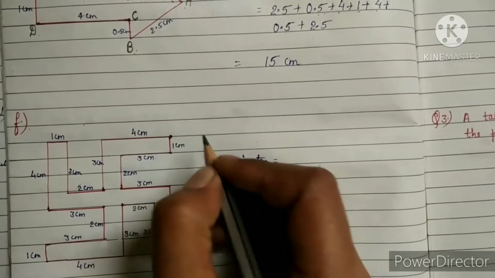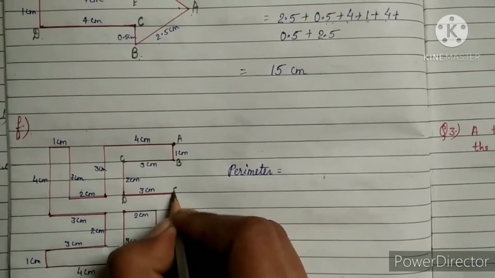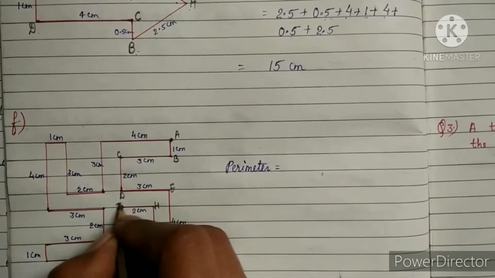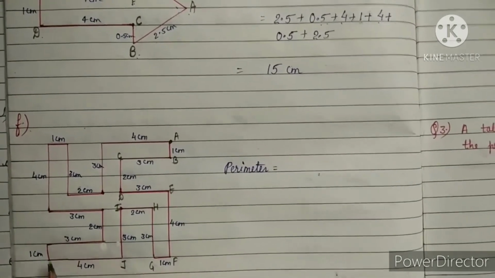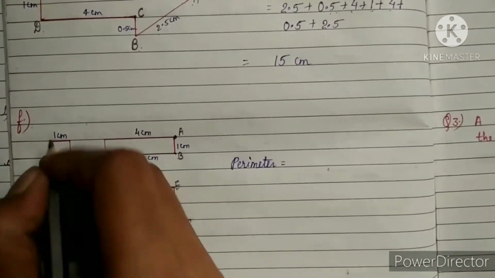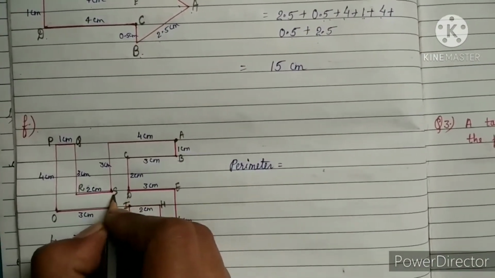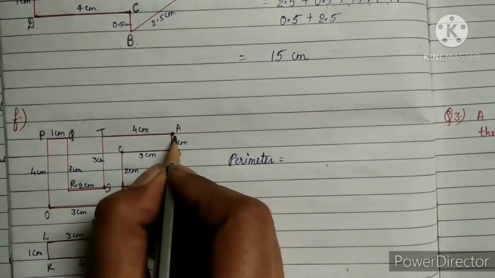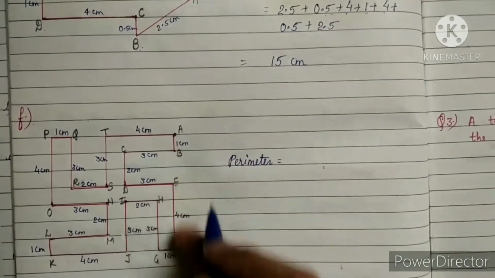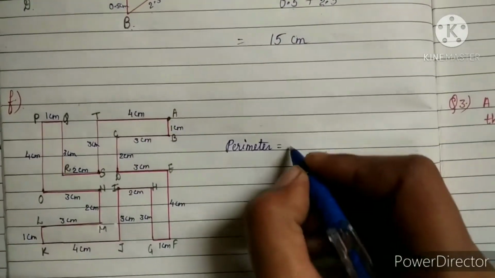So I am starting with this point, A, B, C, D, E, F, G, H, I, J, K, L, M, N, O, P, Q, R, S, T. Again we got A. So simply we will start from A and we have to end after moving on the boundary. We have to end on A.